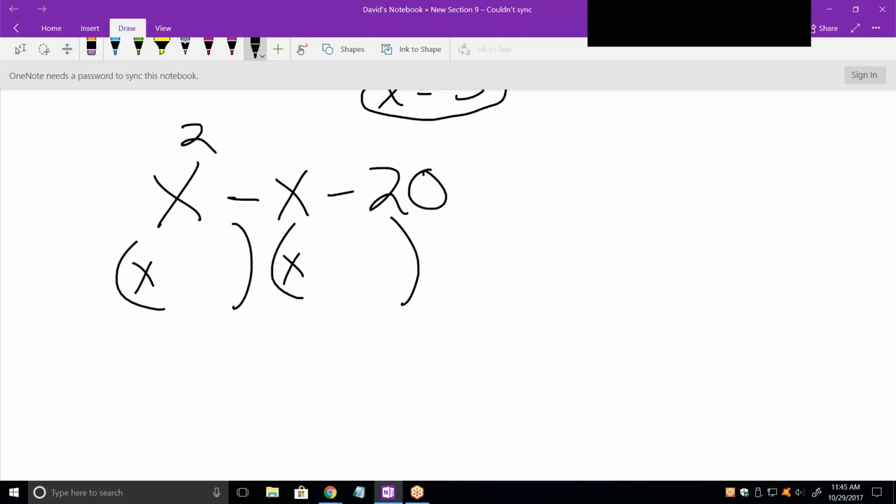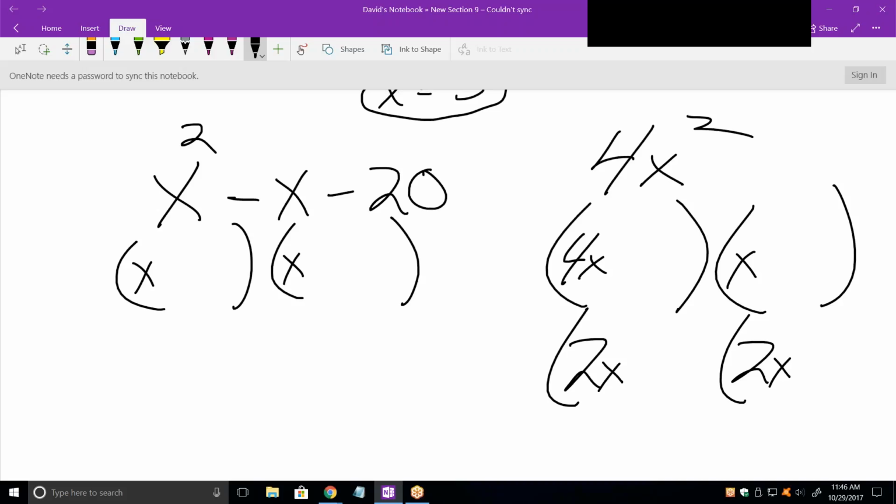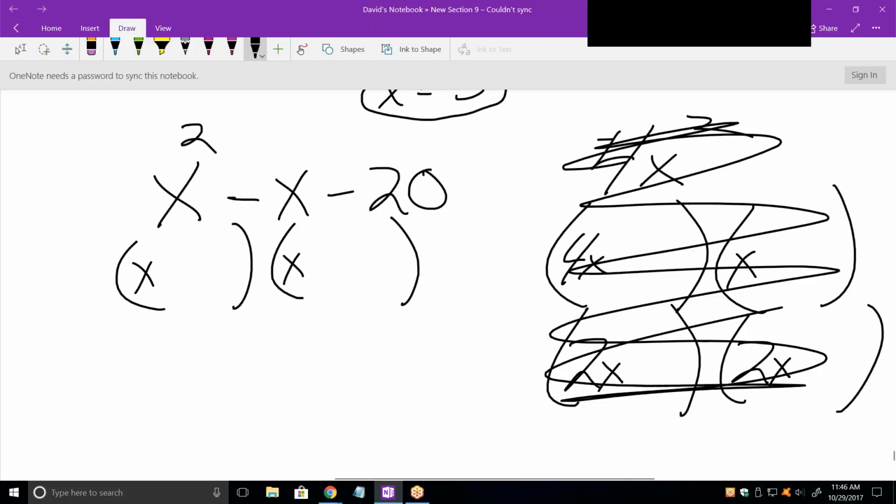All right, yeah, x. So sometimes saying splitting the x doesn't work. If I've got 4x squared, I have lots of ways I can split that. I can split it as 4x and x, or I can split it as 2x and 2x. So just saying splitting the x isn't enough. It is in first levels, but it's not when you get into second level quadratics.